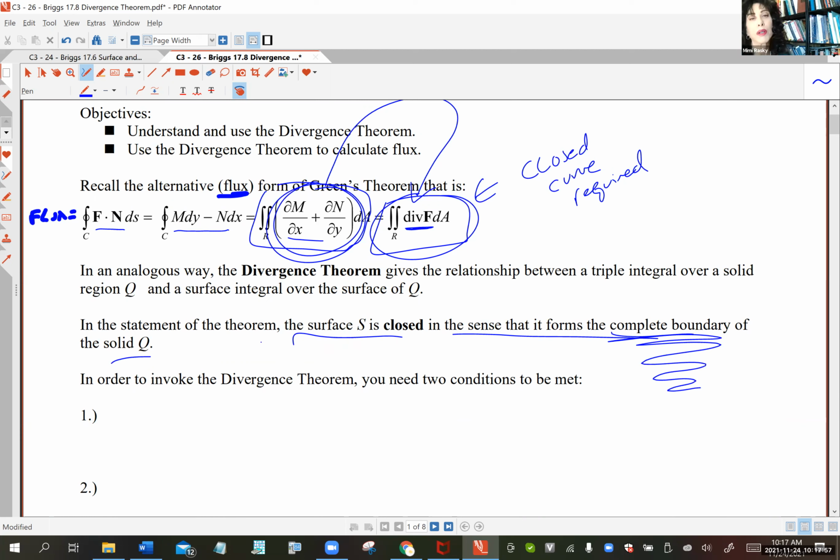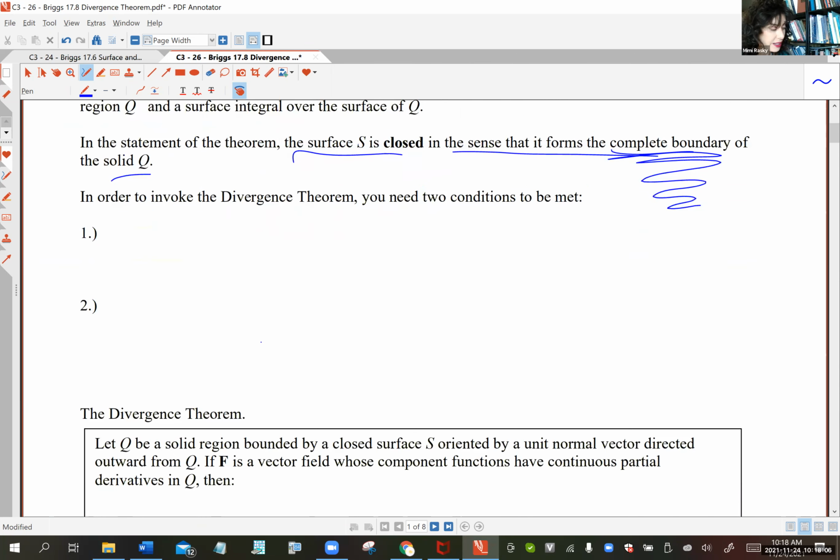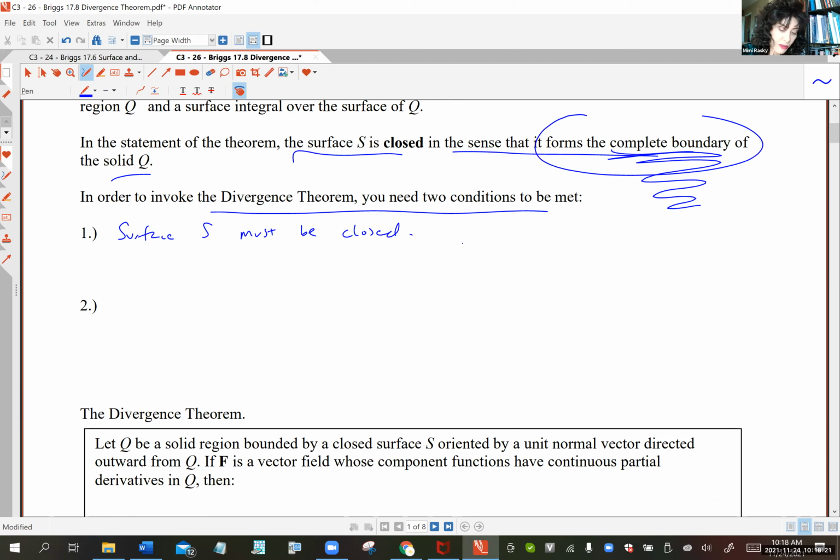So what's an example of a closed surface? Well, a sphere. That's a closed surface. And there are some more, like rectangular boxes and things like that. Okay. Here's what you need to invoke the divergence theorem, and then we'll actually do it. The surface S must be closed. So what does that mean? It has to form the complete boundary of a solid.